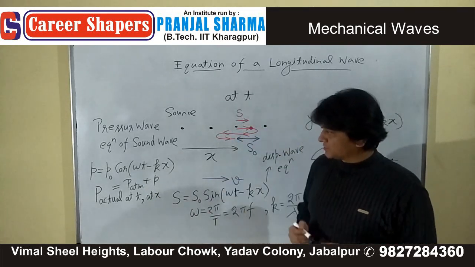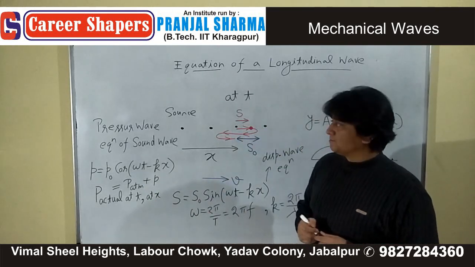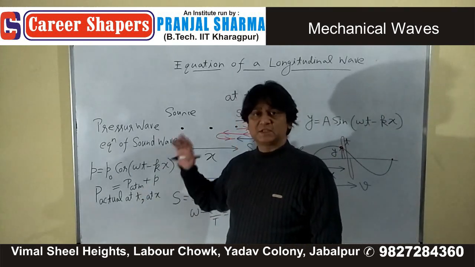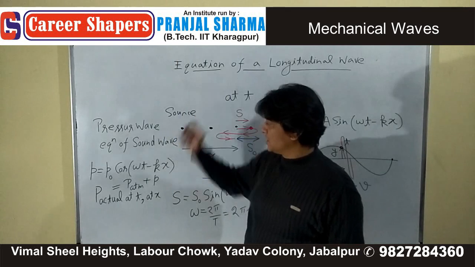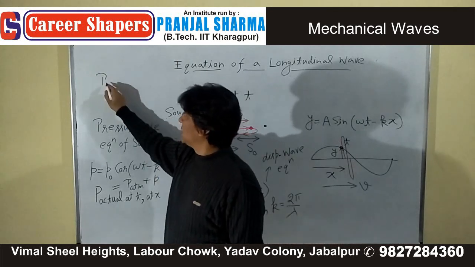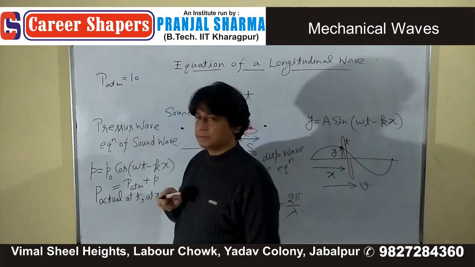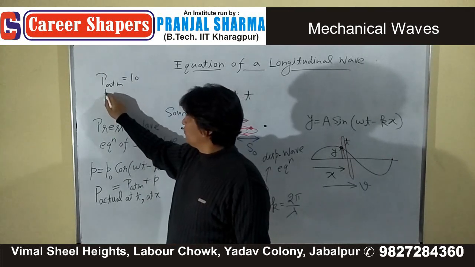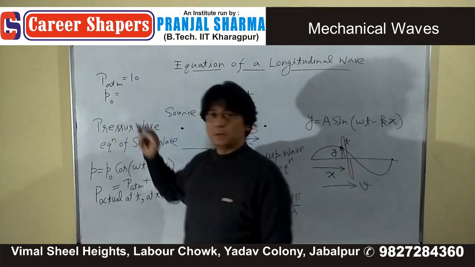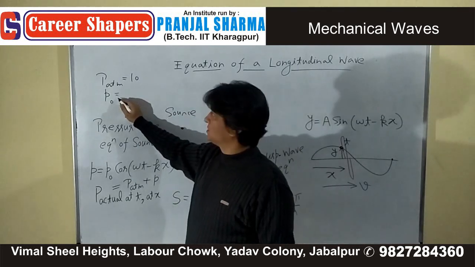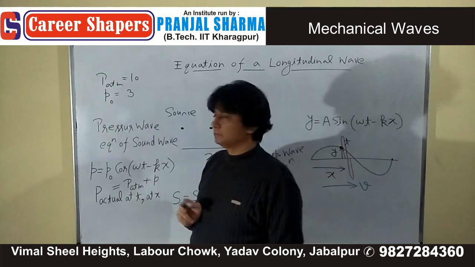Now understand this. Suppose somebody gave us that P atmospheric is 10. Just take this P ATM as 10, just to understand the whole concept. And I give you P naught, the pressure amplitude, as 3.